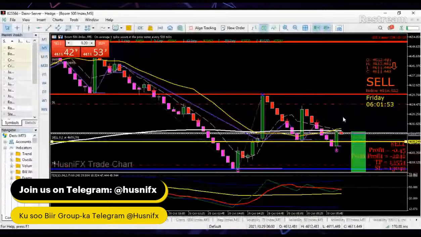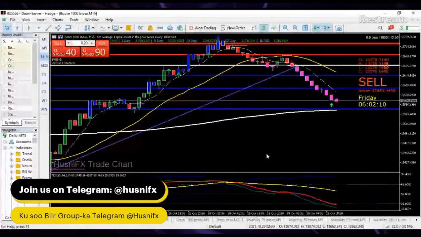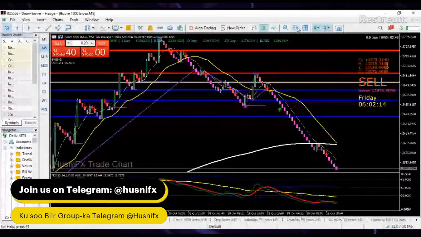Everything can happen. If price goes above this white moving average and across the yellow moving average, it will go up, and then you can see my SL there. So you have to also know what you are doing. That is what trading is all about.